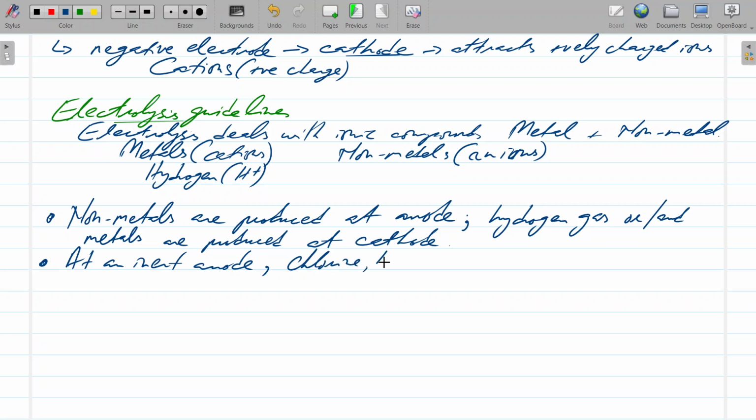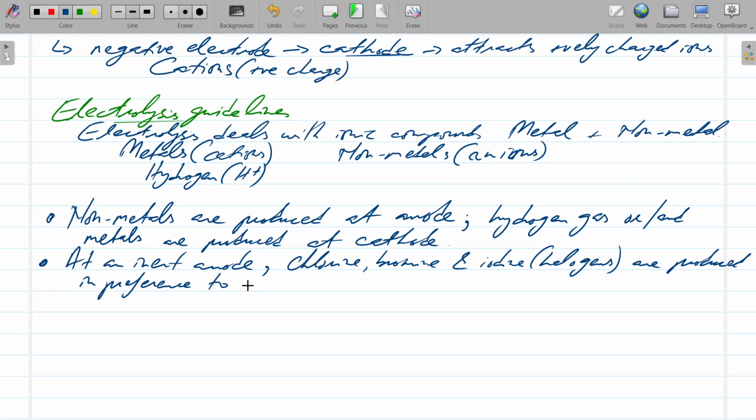So chlorine, bromine, and iodine, which are the halogens, group 7, are produced in preference to oxygen. And so this is about the anode.